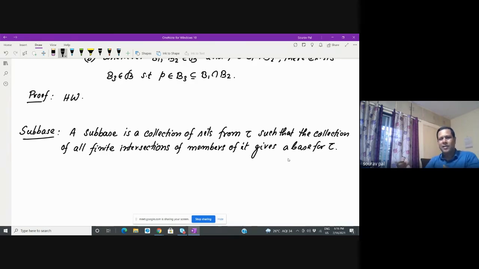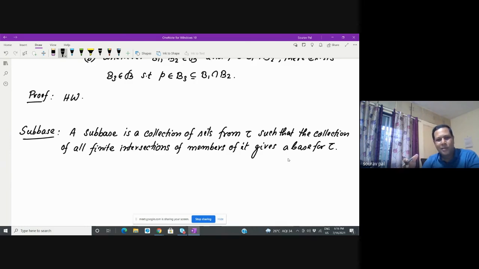Once again, as I said, if you know the base, you know the topology, right? If I give you a collection and declare that this is the base for a topology, how would you get back the topology? You take all possible unions of the members of that collection. That is the way to obtain the topology generated by the base.